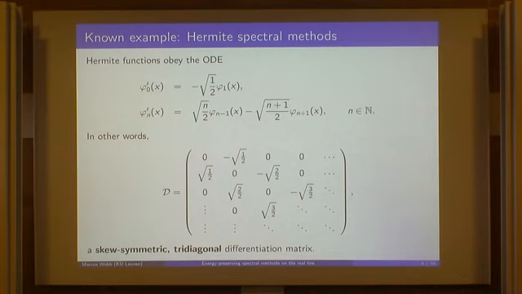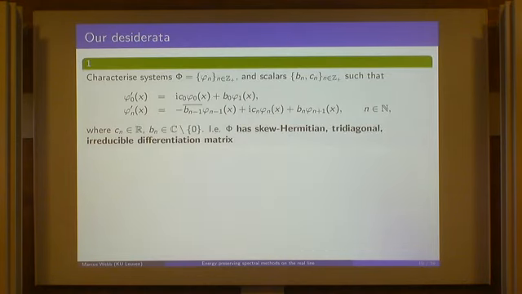Let's think about alternatives to Hermite. It's not necessarily always advisable to use Hermite spectral methods. So our desiderata that Arya and I set out a couple of years ago, maybe 2017, characterized all systems of functions, phi n, satisfying this very short recurrence for the derivatives, these two lines.